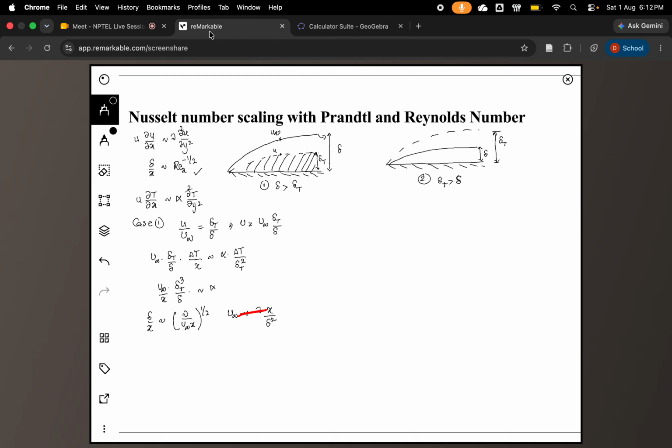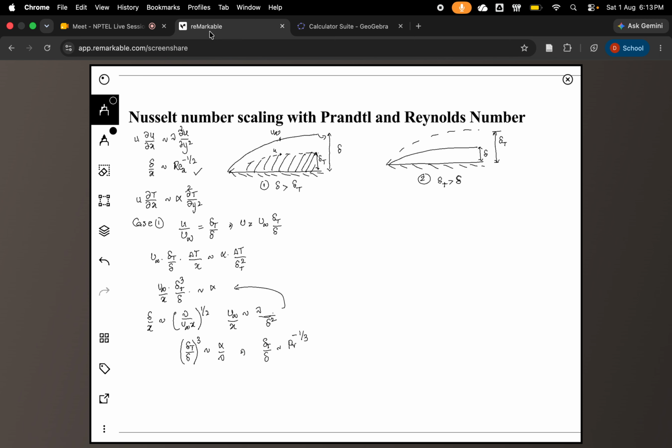So u infinity by x is going to be nu by delta square. I can substitute this back into this equation, which gives me delta t cubed by delta cubed scaling as alpha by nu. So this means delta t by delta, and this number nu by alpha is the Prandtl number. So delta t by delta is Pr to the power minus 1 by 3.